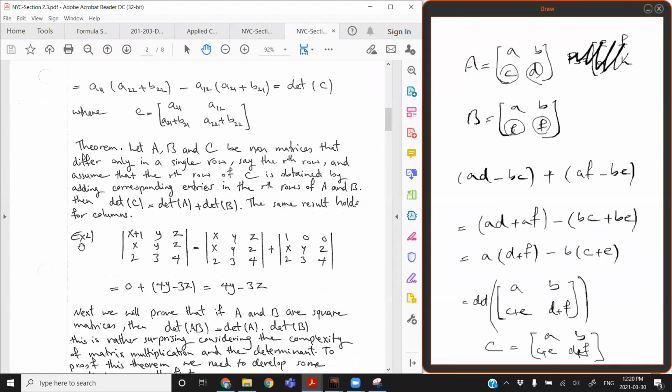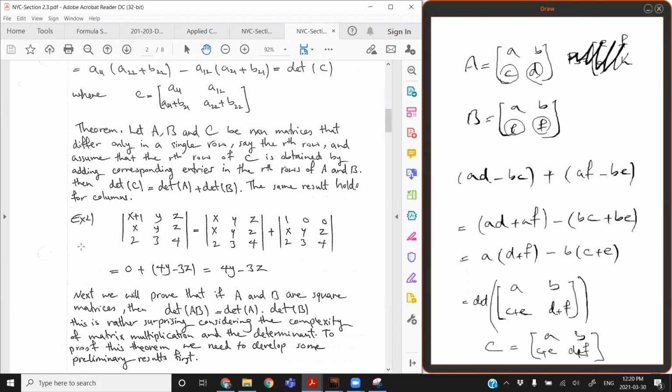So this brings us to this theorem. Let A, B, and C be n by n matrices that differ only in a single row. So all the other rows are the same. In one single row, they are different. Say the rth row. And assume that the rth row of C is obtained by adding corresponding entries in the rth row of A and B. Then determinant of C is going to be determinant of A plus determinant of B. And the same result also holds for columns.